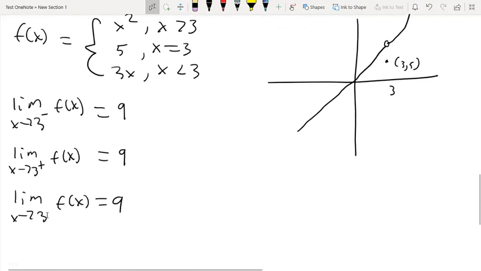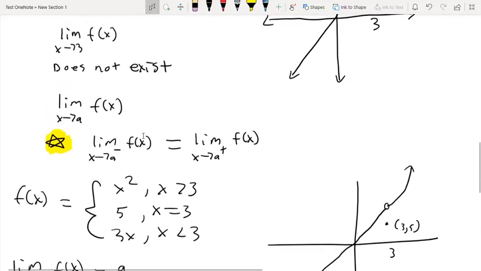The limit as x approaches 3 of this piecewise function here is 9, even though at x equals 3, it's not 9, it's 5. That's okay, because once again, with limits, it doesn't matter what value the function actually is at a specific point. It's only the behavior of the function as x approaches that point. So that's the key takeaway from working with piecewise functions and this little important thing about limits here.